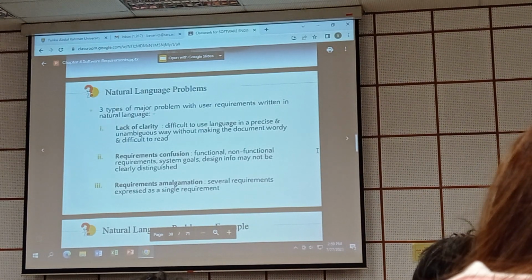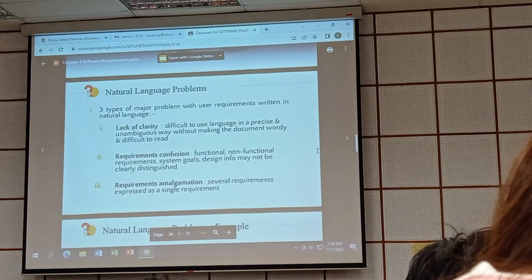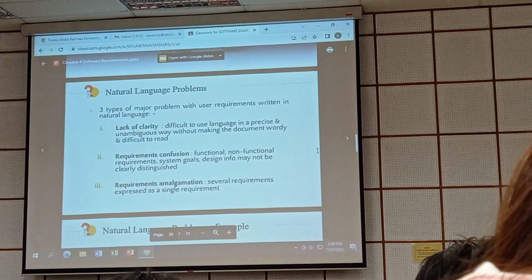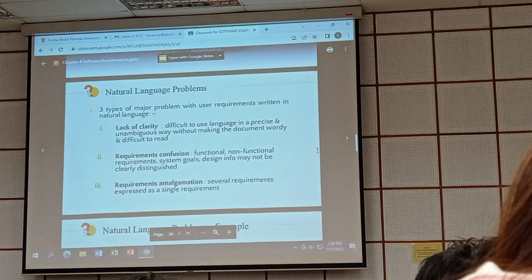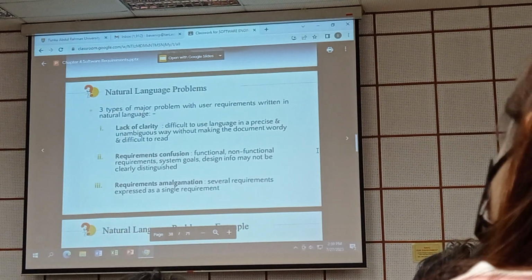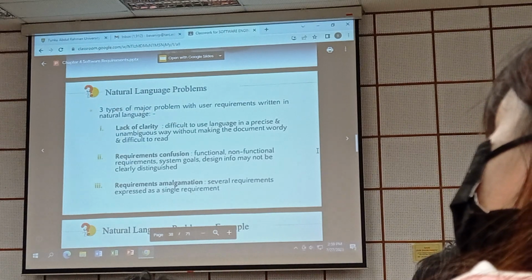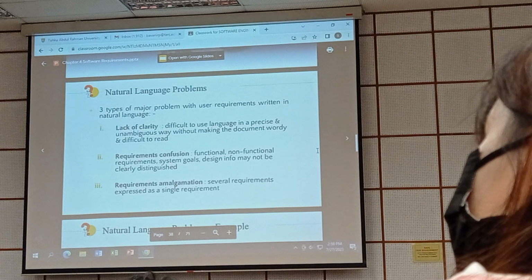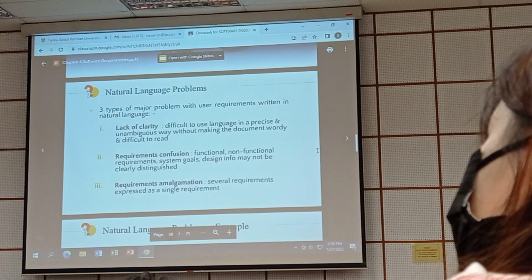Requirement amalgamation is when several requirements are expressed as one. In your assignment, I think you were assigned CRM, right? What does CRM stand for? Tell me now. What is CRM?